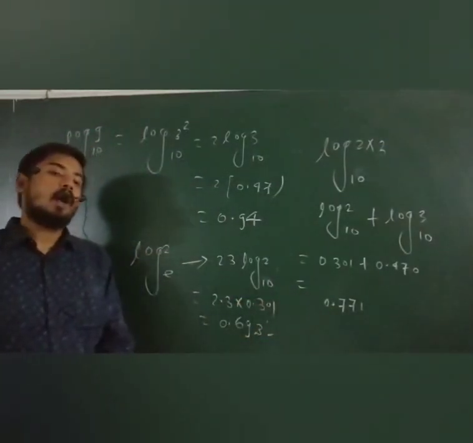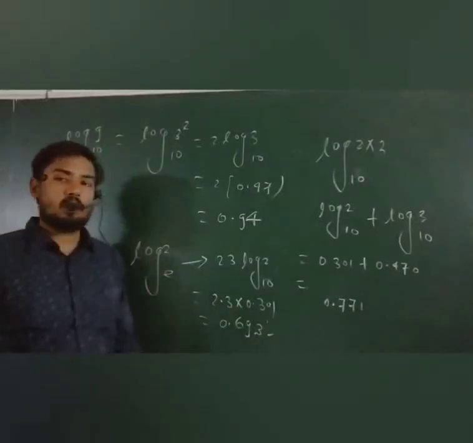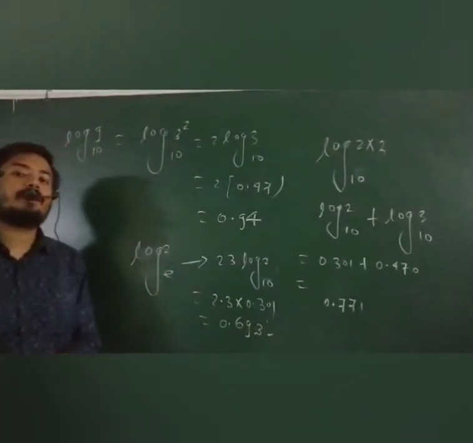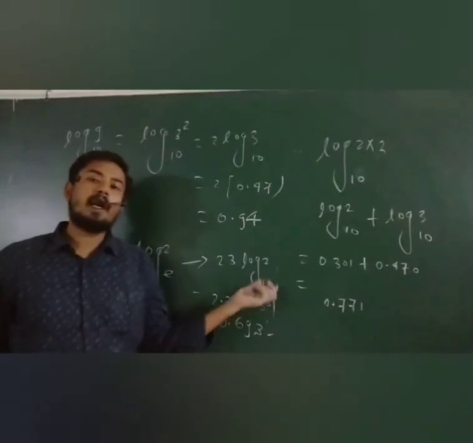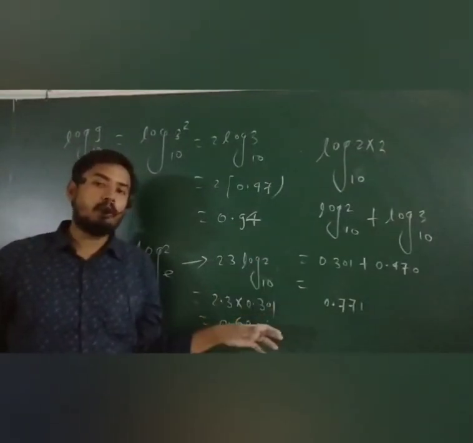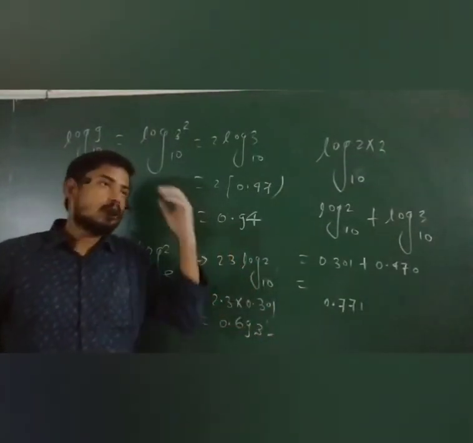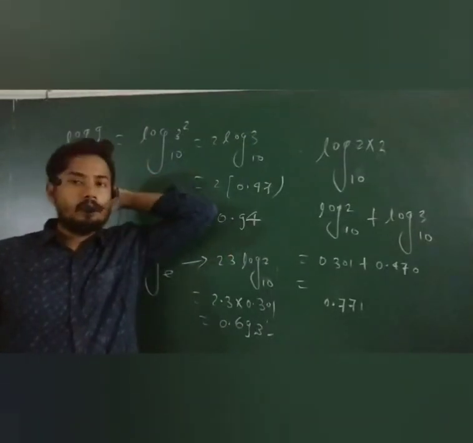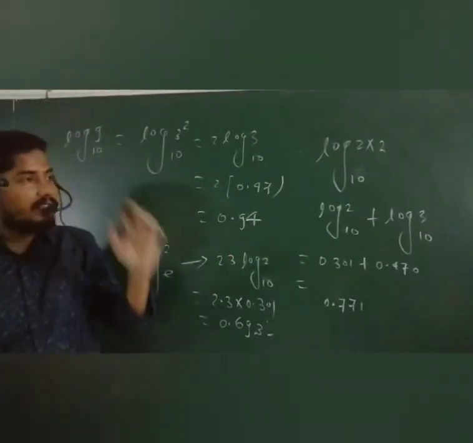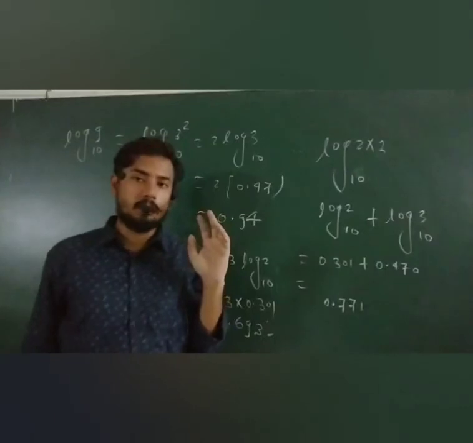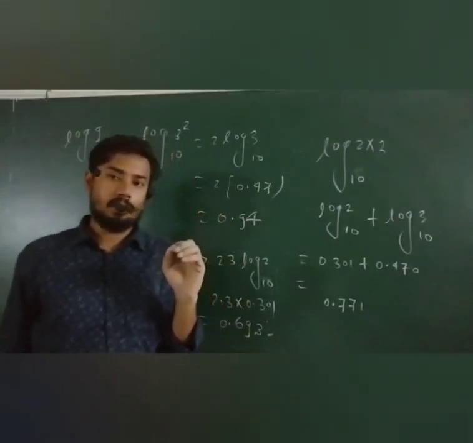So this will be the value of ln 2. Suppose they are asking the value of ln 5. So simply 2.3 log 5. Put the log 5 value and you will get the answer. So this is all about the logarithmic function. Now you are free to do all kinds of questions based on the logarithmic function. Getting my points?